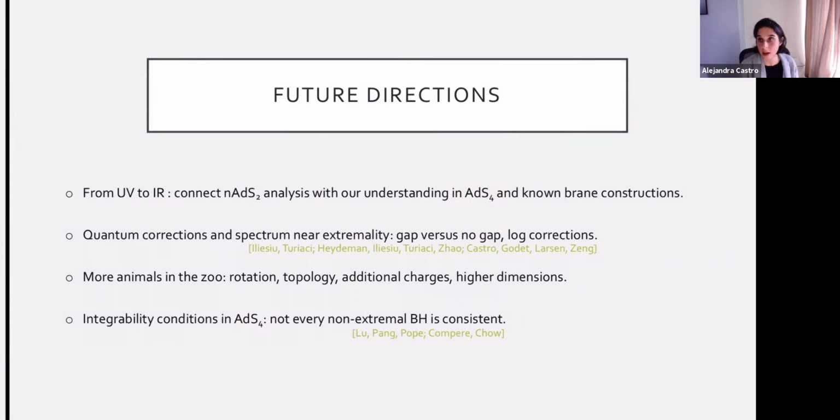So ABJM should know about these features, and it should be captured in there. For the asymptotically flat cases, we have brane constructions, basically forms of the D1-D5 system or the D0-D6 brane constructions. So hopefully there's something to be accounted for about these near AdS2 properties.